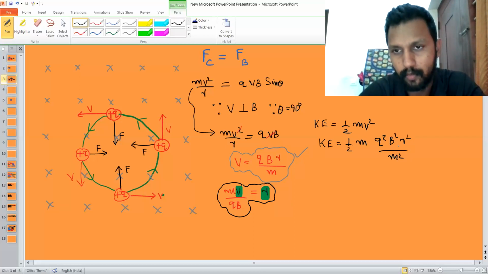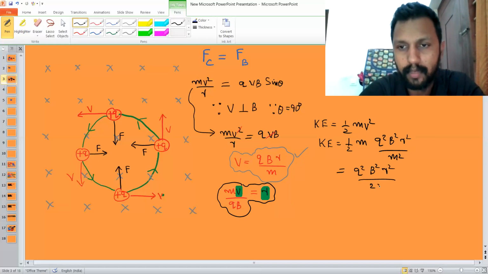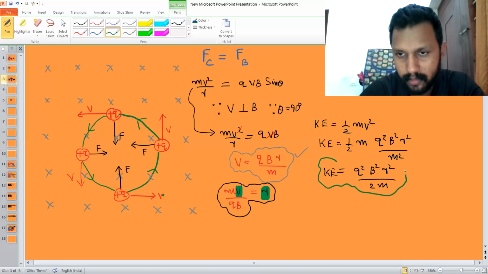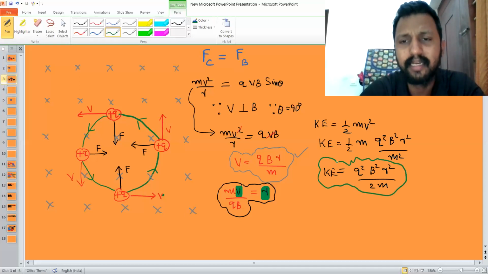Then we cancel m and m square, and ultimately we get q square B square r square divided by 2m. This is the expression for the kinetic energy attained by the rotating charged particle.